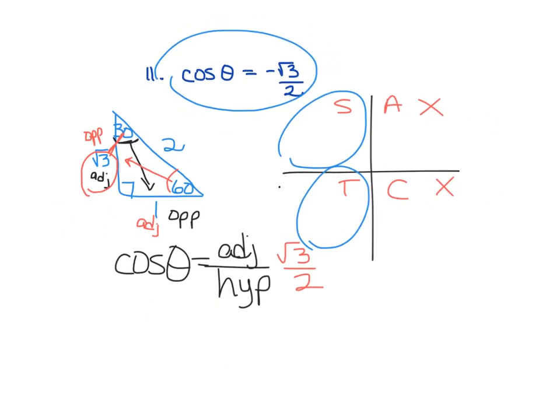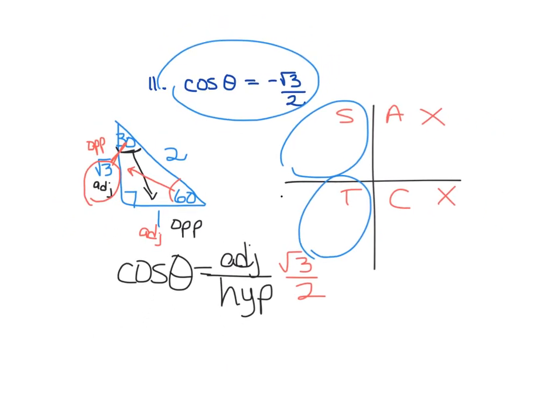So now that's going to be my reference angle here, and it's going to be my angle in quadrant 1. Remember, to get the angle measure for quadrant 2, I take that 30 and subtract it from 180. To get the angle measure in quadrant 3, I add it to 180.